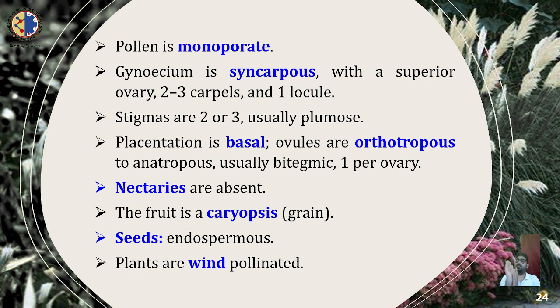See, this is the ovule, completely inverted like 180 degrees. But orthotropous is the ovule in which no curvature takes place during development. The micropyle is positioned opposite to the funicle. Like this is the funicle and this is the micropyle, opposite to each other. But in anatropous, it is completely inverted.